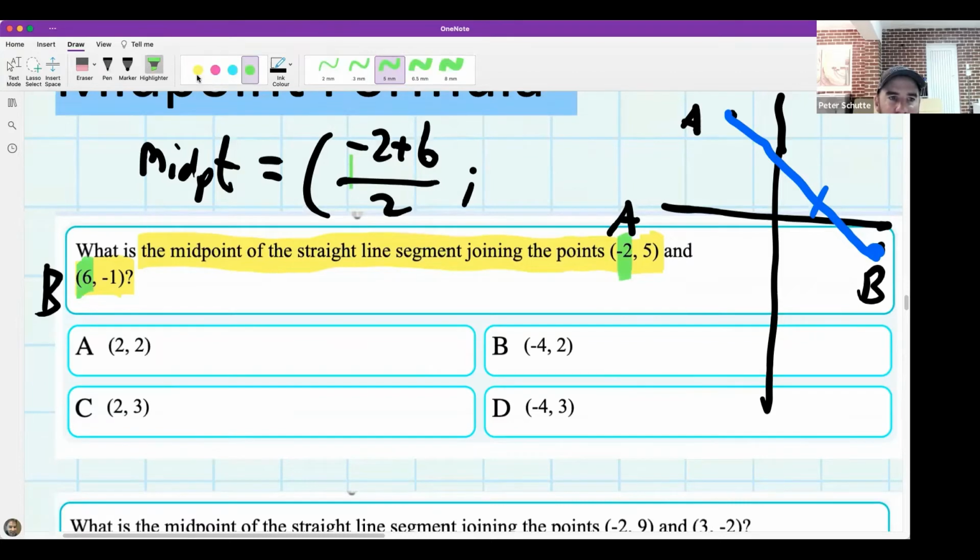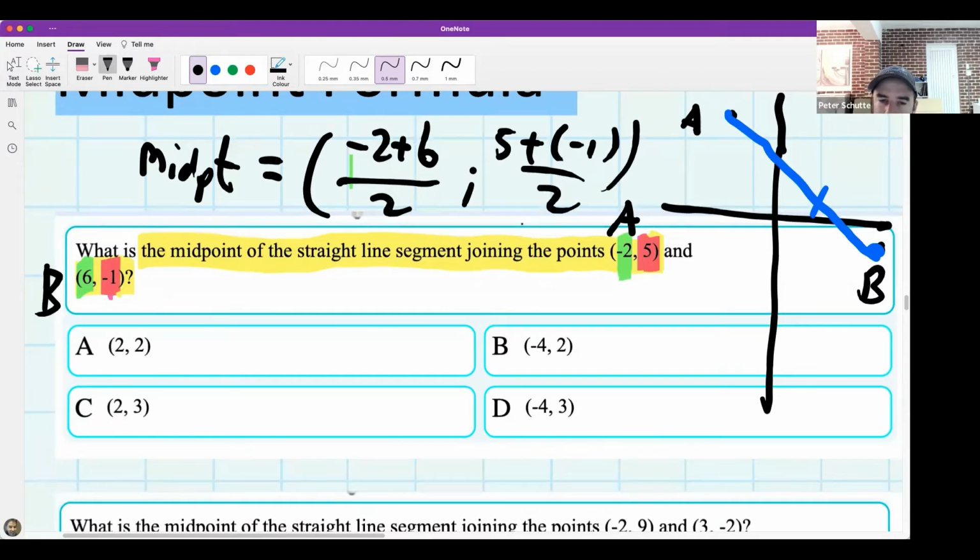And then I do the same thing for the y coordinates. So I go 5. Oh, that looks like green. Let me go back. So there's the y, there's the y. And so we go 5 plus -1 over 2.